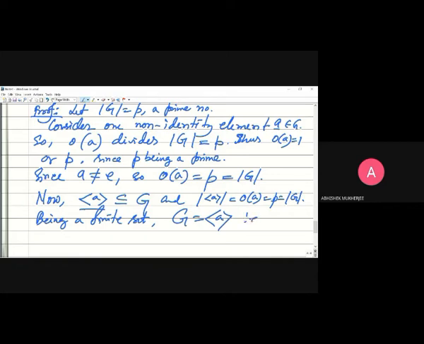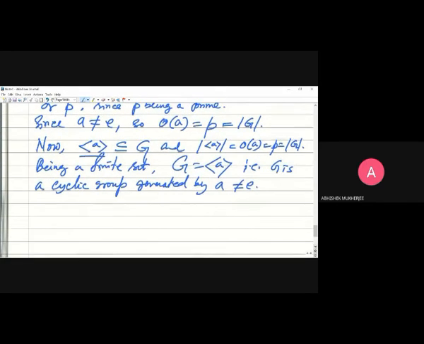That is, G is a cyclic group generated by a. What is a? a is a non-identity element of the group.